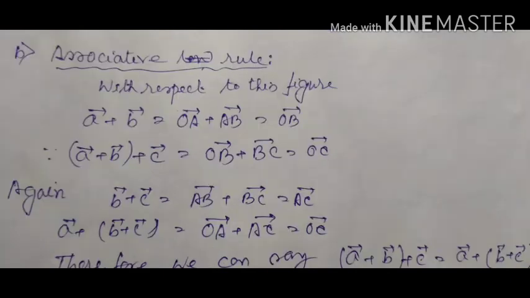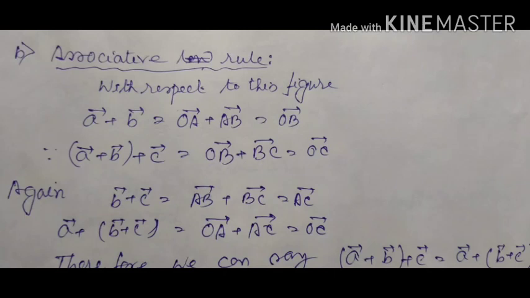Now associative rule. With respect to this figure, A vector plus B vector is equal to OA vector plus AB vector is equal to OB vector. So (A vector plus B vector) plus C vector is equal to OB vector plus BC vector is equal to OC vector. Again, B vector plus C vector is equal to AB vector plus BC vector is equal to AC vector.